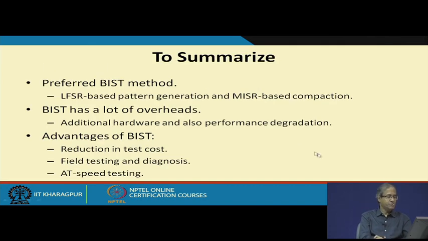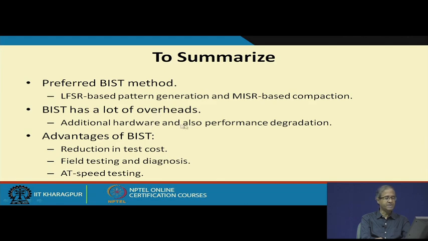So, to summarize, we looked at various technologies, some of them at least, there are some others also. The preferred BIST method we have seen is LFSR based pattern generation and MISR based compaction. There are overheads, of course.